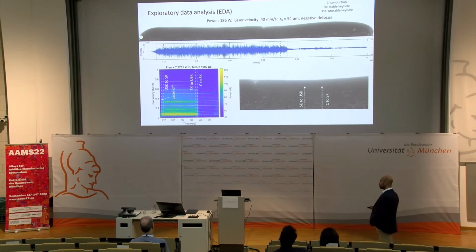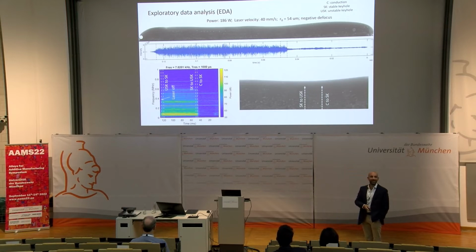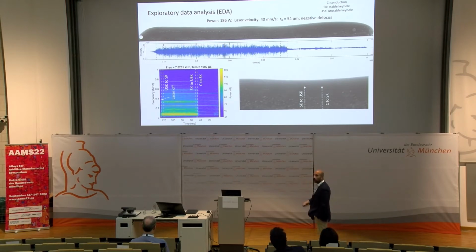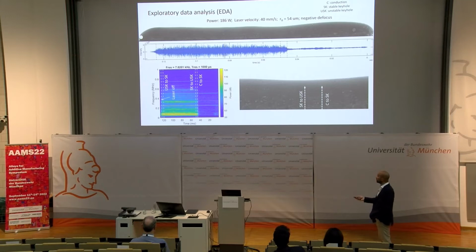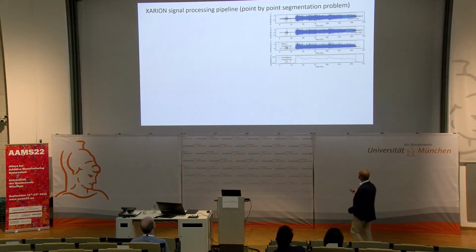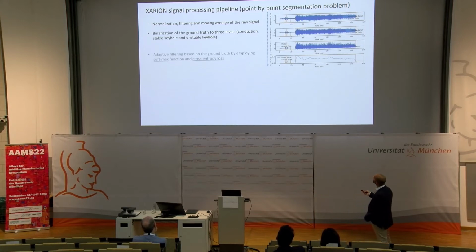So we wanted to take a more data-driven approach without using machine learning or deep learning algorithms, which is the fashion of the day. Because it's so clear, we don't need that, just a simple pipeline that can help us process it faster and also react as fast as possible during the process. So, of course, we did normalization, filtering, moving average of this raw signal.